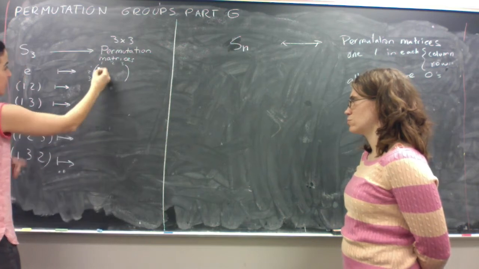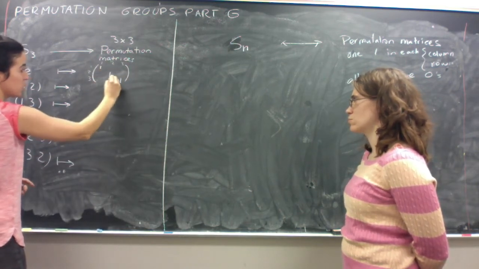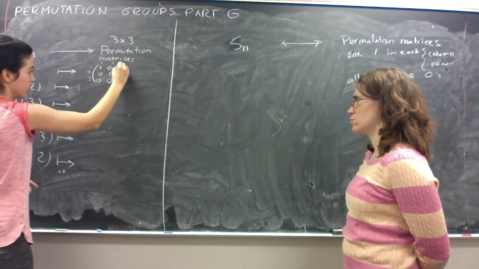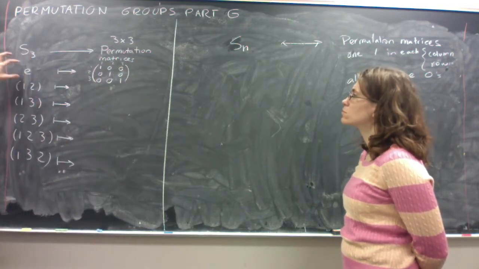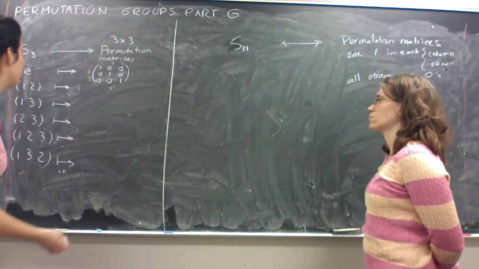So, okay, the identity: 1 goes to 1, 2 goes to 2, and 3 goes to 3, so those are the ones, and the rest are 0. Which, good, the identity in S3 corresponds to the identity in the matrices.